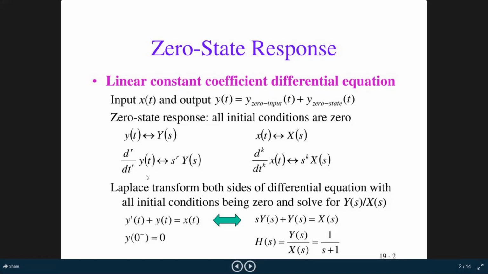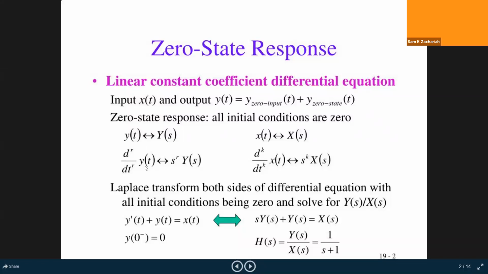The differentiation theorem in the Laplace transform says that the rth derivative of y(t) with respect to time t has a Laplace transform of s raised to r times Y(s), assuming all initial values of the derivatives up to r minus 1 of y(t), including y(0), are 0.